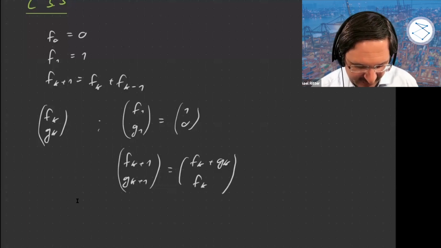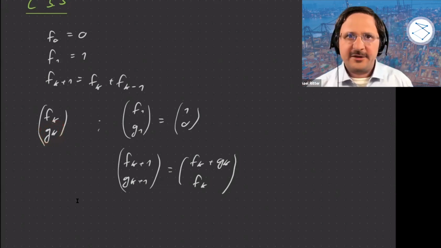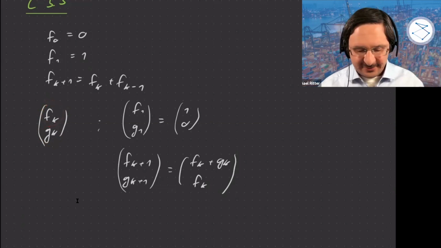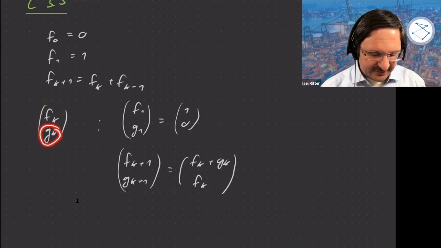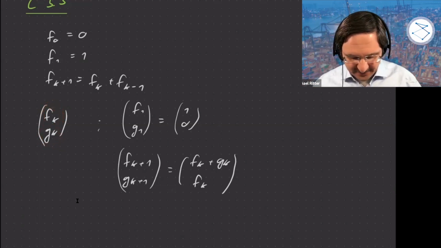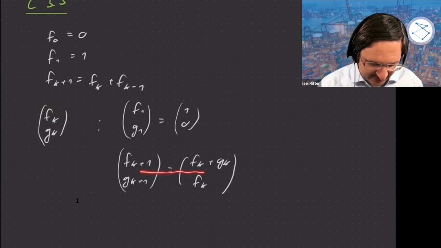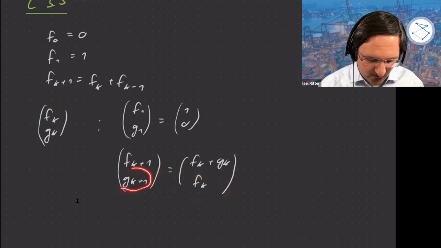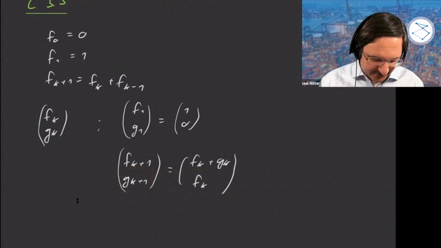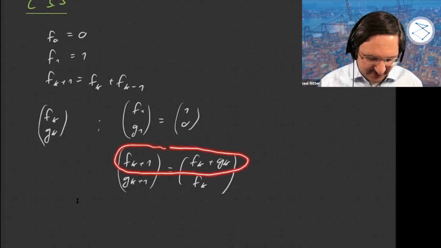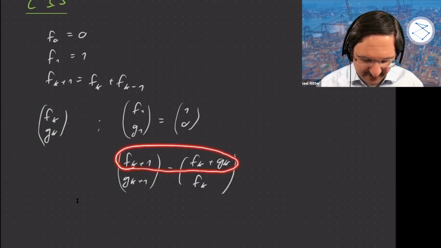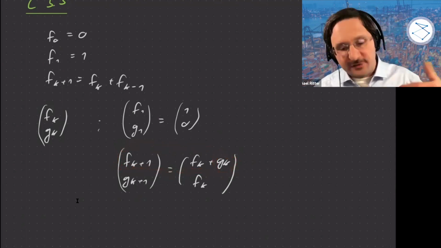So basically, you can see that this g here is playing almost the same role as f, but the index is one below, right? So g_k is in the Fibonacci sequence always the predecessor of f_k. And that's exactly what is in this second equation here. g_{k+1} is then f_k. g_k will be f_{k-1}. And this first line here captures the recursive definition of the Fibonacci sequence, f_{k+1} equals f_k plus g_k. And remember, g_k is f_{k-1}.